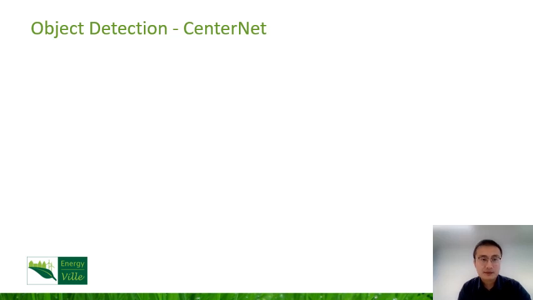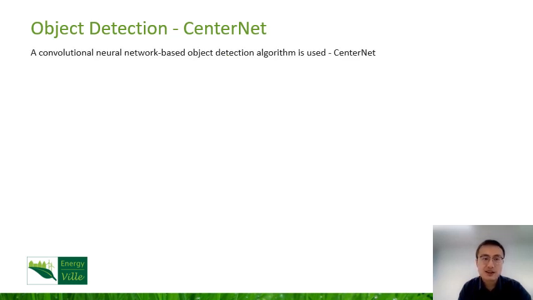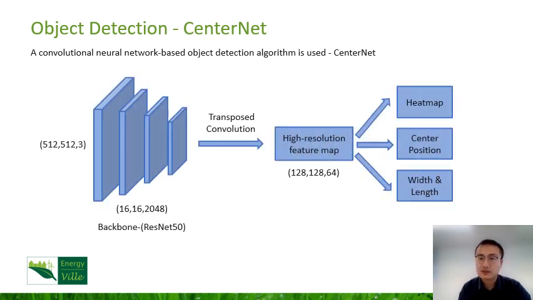For both tasks, object detection is an essential procedure. Here, a convolutional neural network-based object detection algorithm is used, which is called CenterNet. CenterNet is a new anchor-free object detection algorithm with good performance. The structure of CenterNet is shown here.